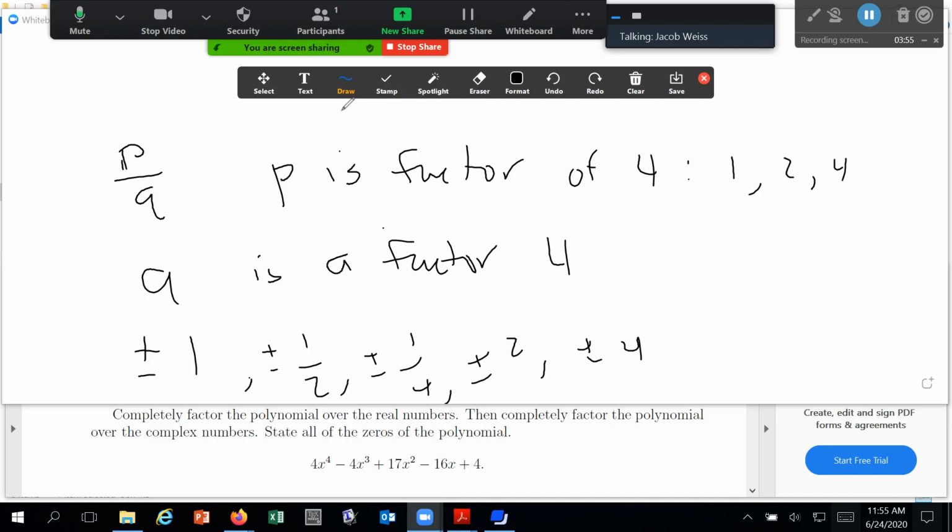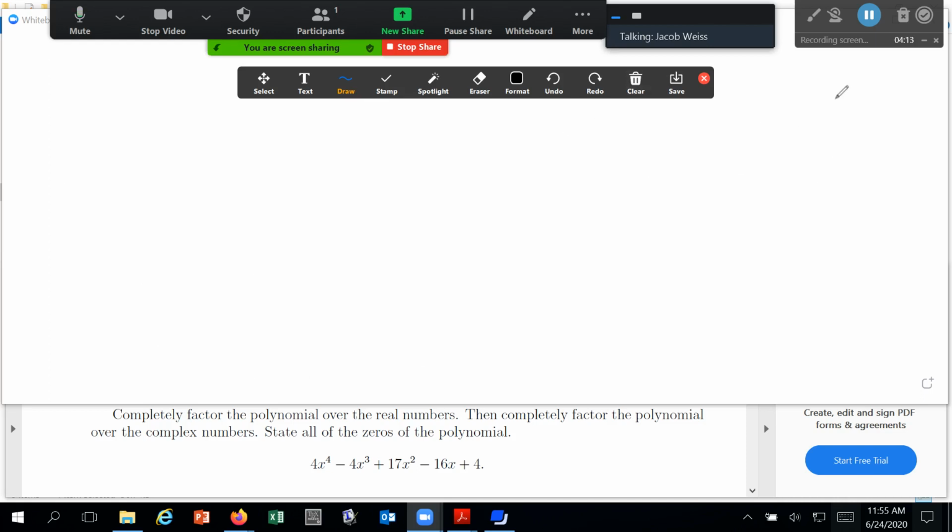So there's 10 of those to check. Hopefully you get kind of lucky, and fortunately in this problem we do, because you don't really know where to start. So I usually just start at the beginning with 1. That's the easiest one to evaluate. So let's check x equals 1.